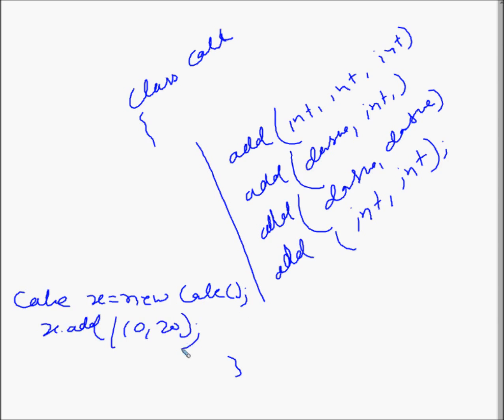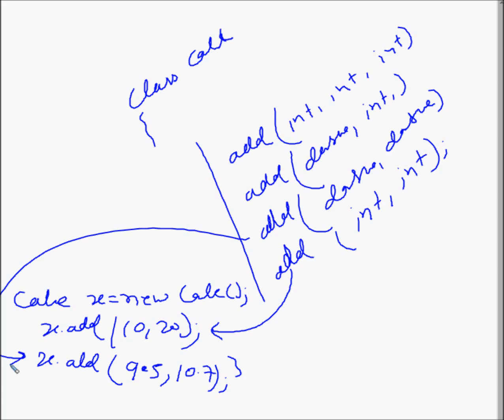So what do you think, which method will be called here? Obviously the matching integer one, right? If I say x dot add and pass 9.5 comma 10.7, in this case the double version will be called automatically, right?